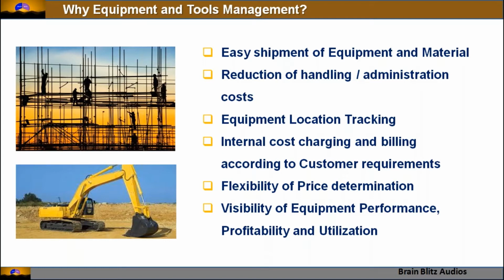But if you look at it from a construction industry perspective, there are construction equipments. From the PM perspective, it is equipment, but you also need to ship this equipment to different sites. And there are companies which do equipment rental, and for them also you need to ship it.